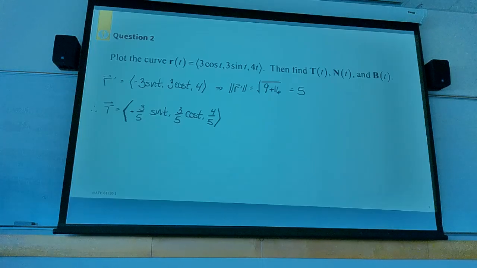There's T. There's our unit tangent. This will end up being nice in the sense that the magnitude of r prime was a constant. That is generally not the case.